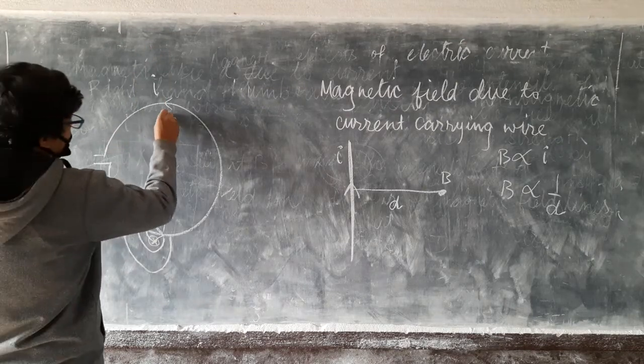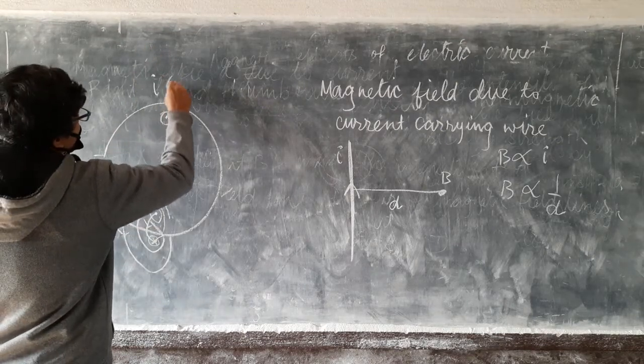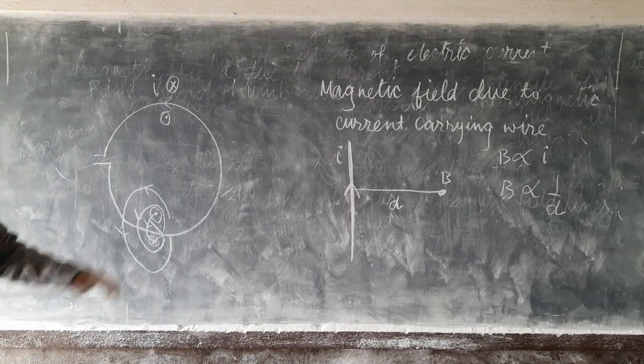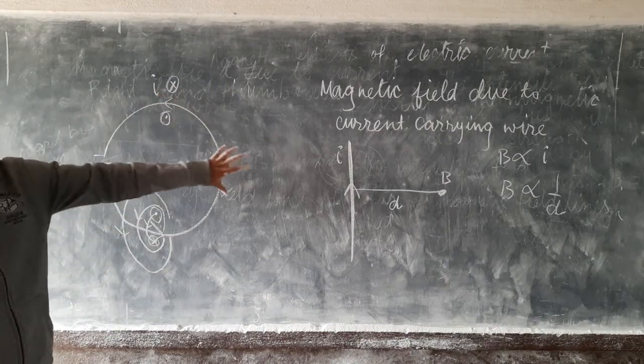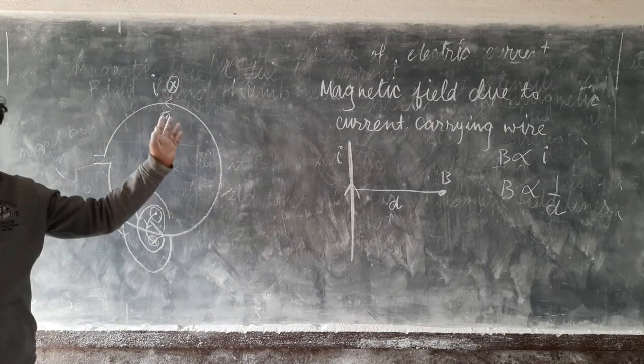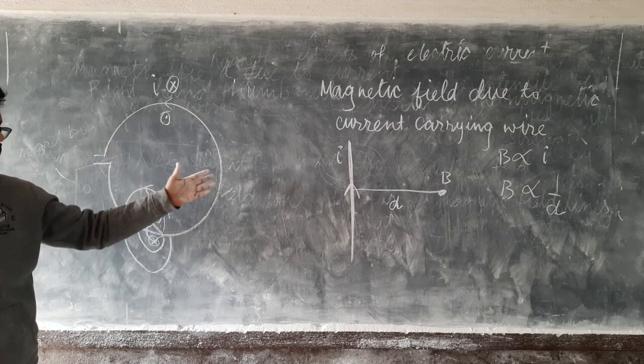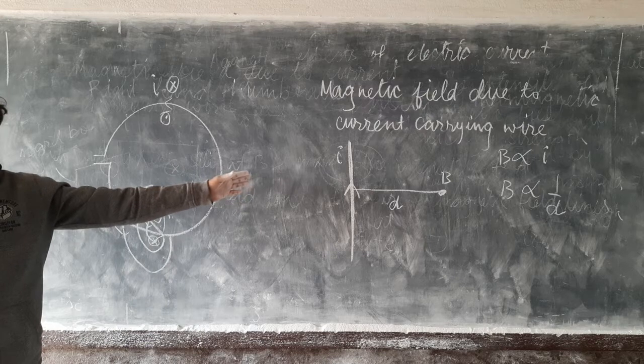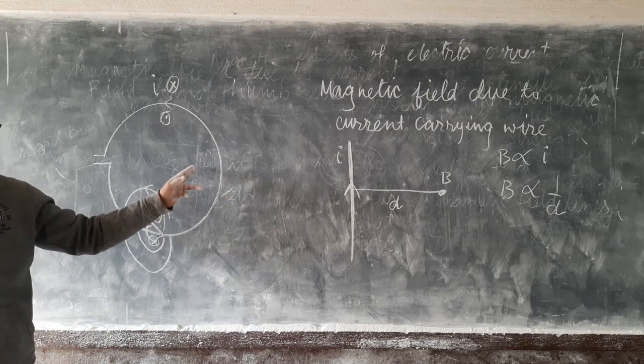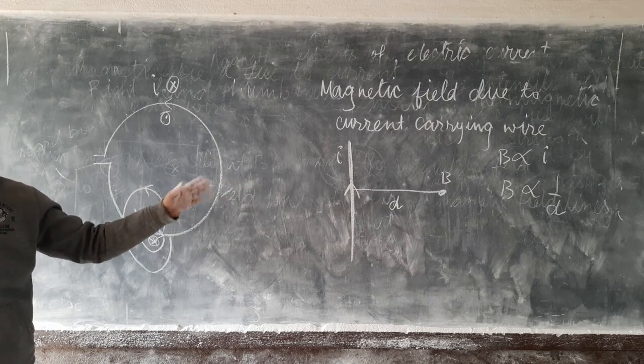That means this is the direction of magnetic field. Outside the wire it is going inside the plane, and inside the wire it is coming out of the plane. Wherever you check, it will be going inside the plane in this region, and coming out of the plane in this region.